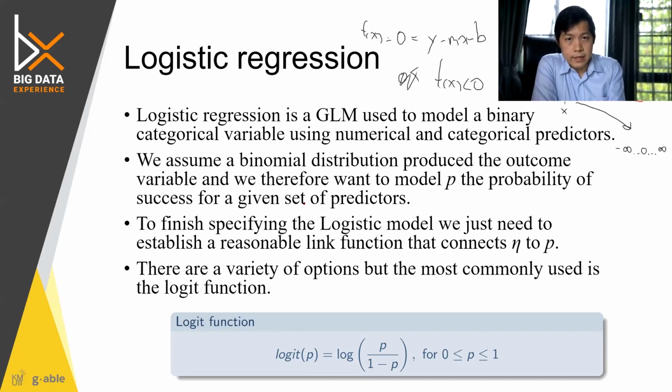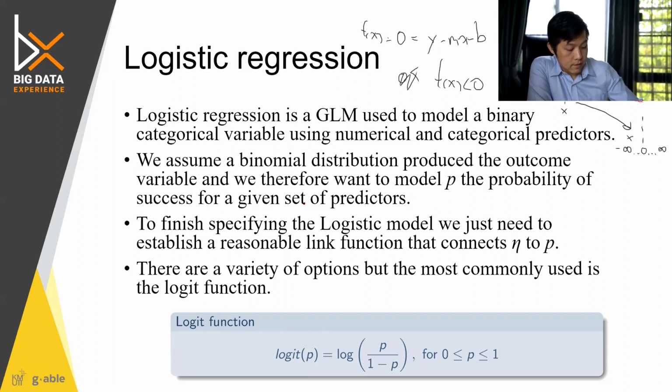It can be on the line if it's on the boundary, or it can be on either side. If it belongs to, say, under the line, you can say this is X or this is O. You can use that to make classification. But sometimes we want to find that in a probabilistic way, not just whether it's above the line or below the line.